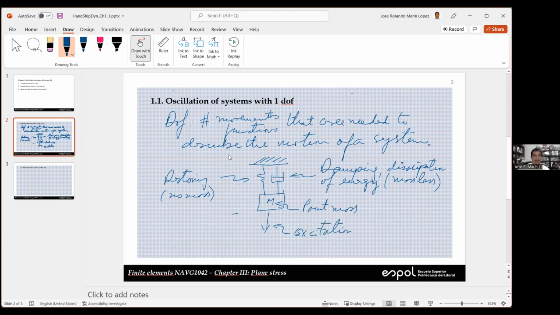Okay? So if this is the displacement, we call it W of T, okay? The excitation we consider is independent.